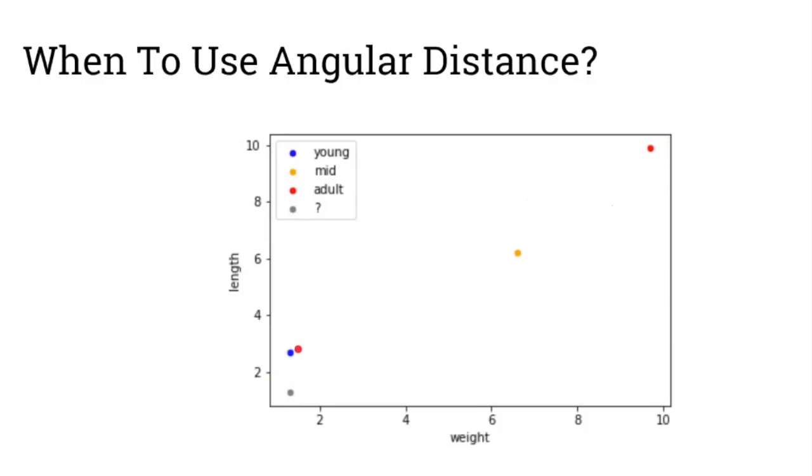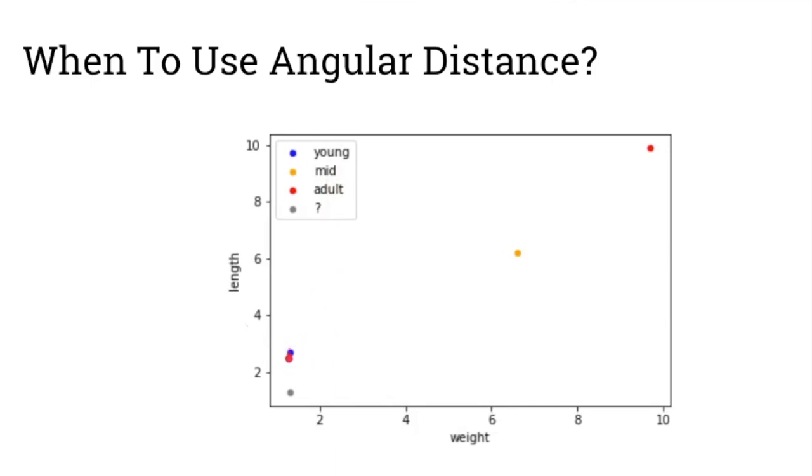So these 3 points, on the x-axis we have the weight, and on the y-axis we have the height of a person, I guess. And what we are trying to classify is whether this person is young, or mid-age, or an adult. Okay.